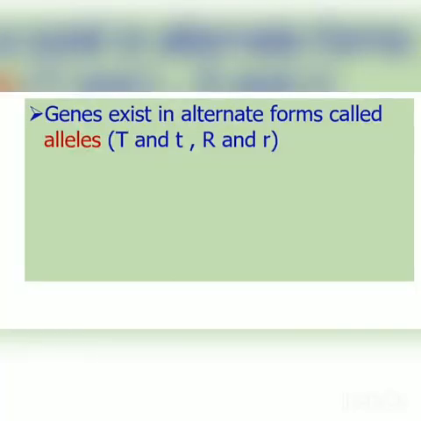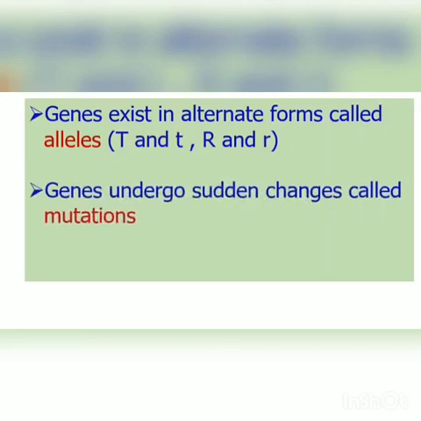If you see the properties of genes, genes exist in alternative forms called alleles. Alleles are nothing but the alternative forms of a gene. You can see the example, tall and dwarf. Genes undergo sudden changes, which is called mutation. Sudden changes take place in the position and composition of the genes.